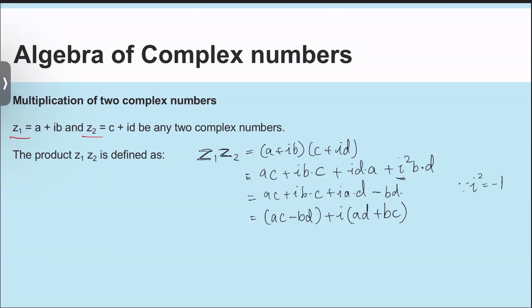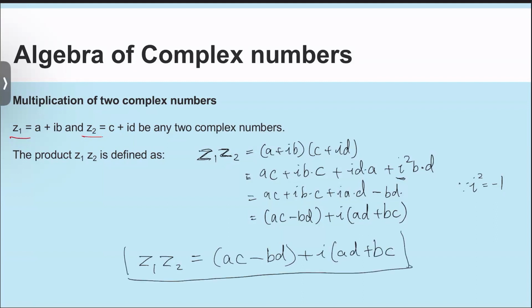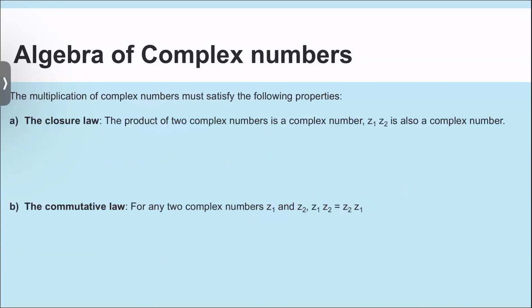This is the general form we have to remember when finding the product of two complex numbers.